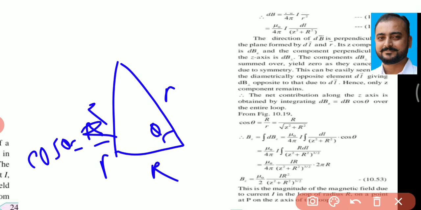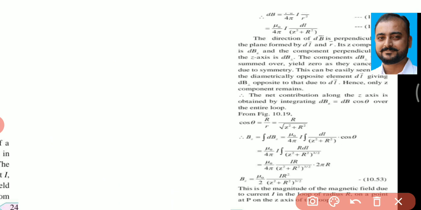What is small r? As per the Pythagoras theorem, the value of r is under root of z square plus r square. By substituting these values in the given relation, we get a simple relation: cos theta is equal to R divided by under root of z square plus R square.